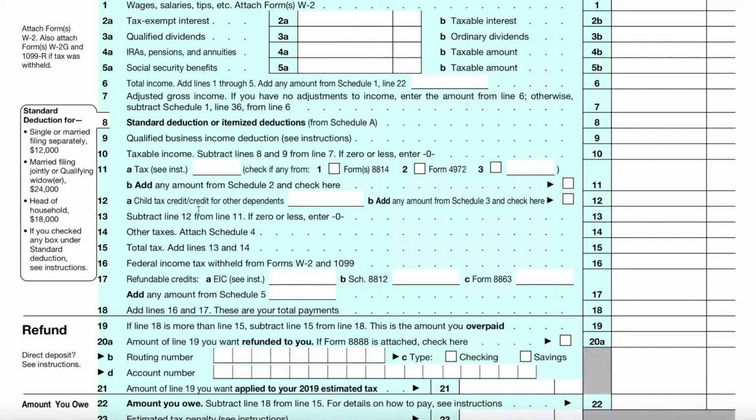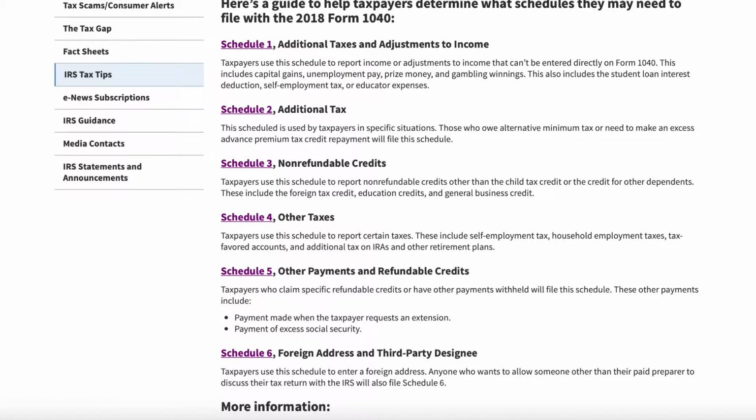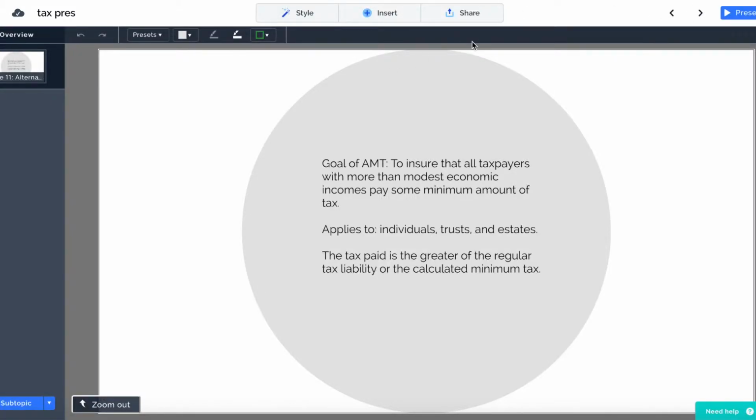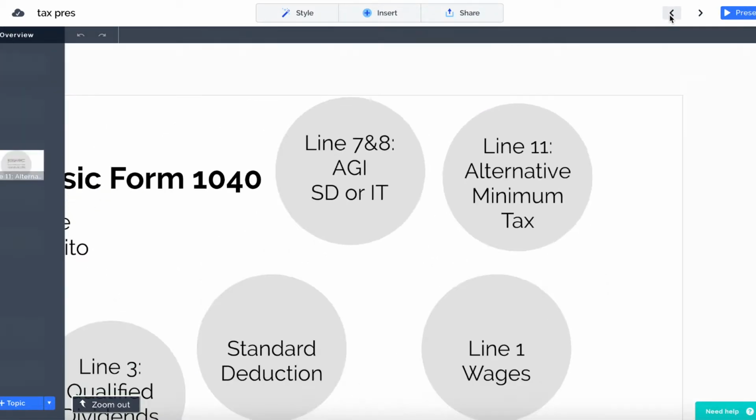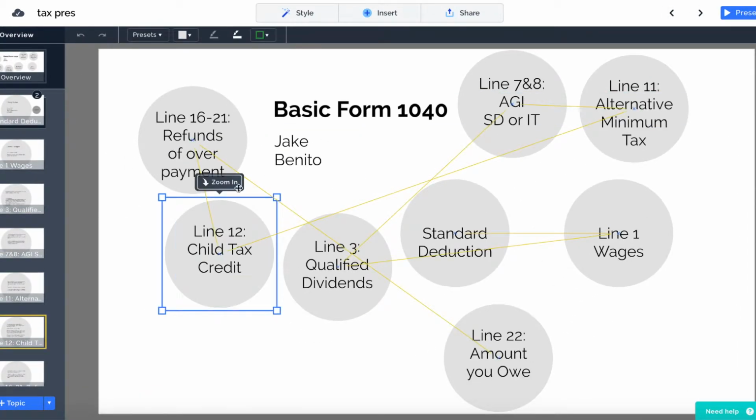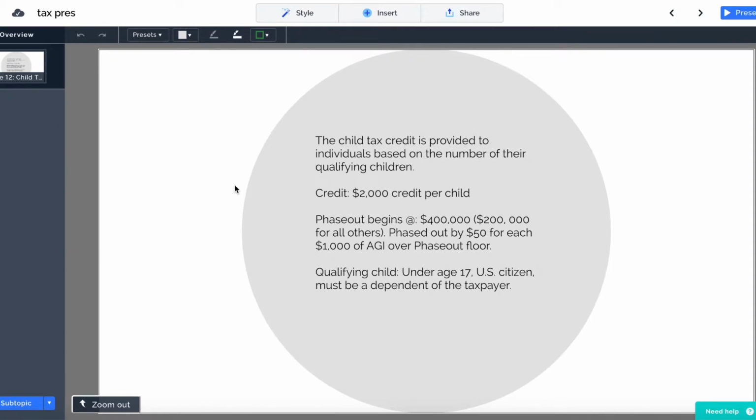And going back to 1040, next thing we're going to look at is line item 12, which is the child tax credit. And this is a credit that a taxpayer gets to use if he has a qualifying child under the age of 17. And it allows a credit of $2,000 per child.